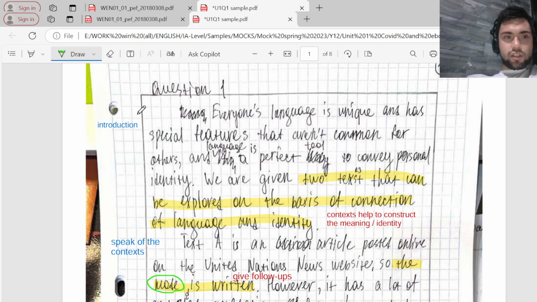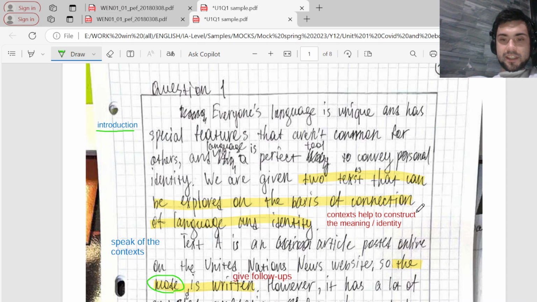So the student starts with a general introduction, speaking about what and who the speakers are, and they say that the two texts can be explored on the basis of the connection of language and identity.